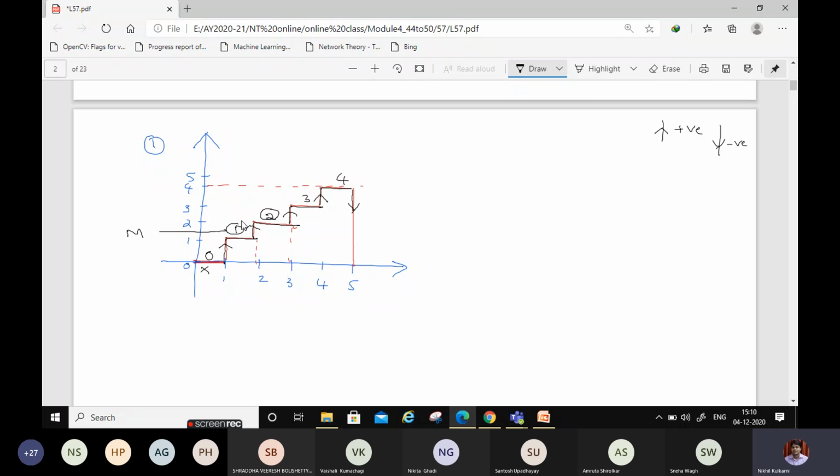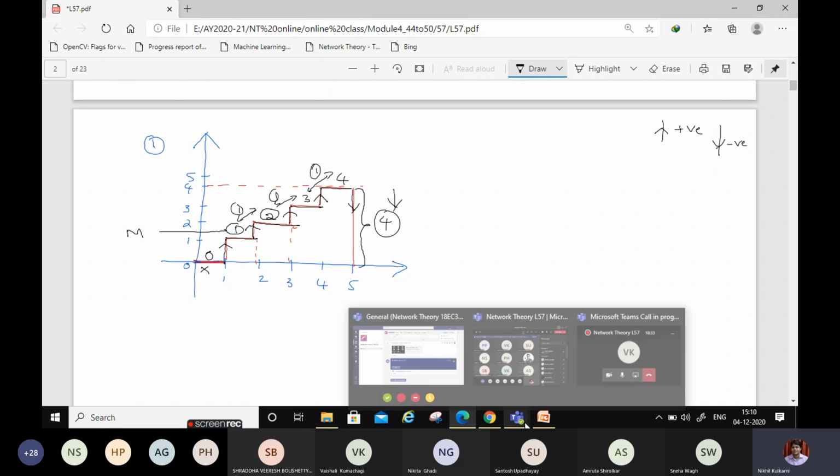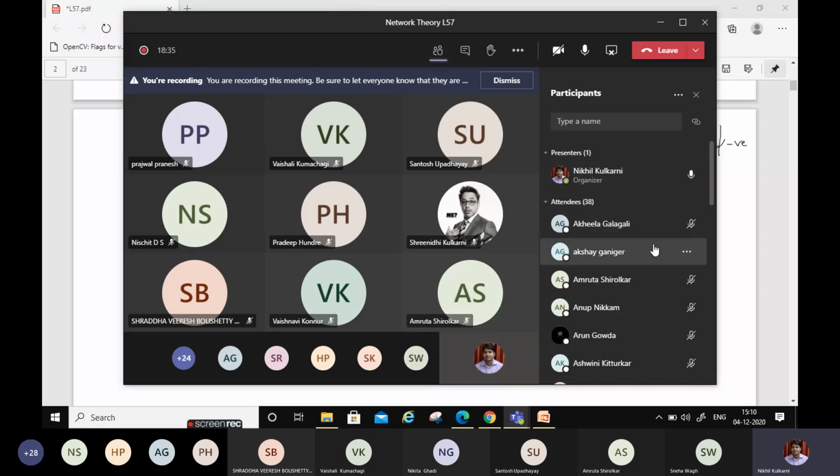Here to here the change is 1, here to here 1. But here to here the change in magnitude is 4 minus 0, this is 4, going downwards. Understanding the signal property here, everybody?